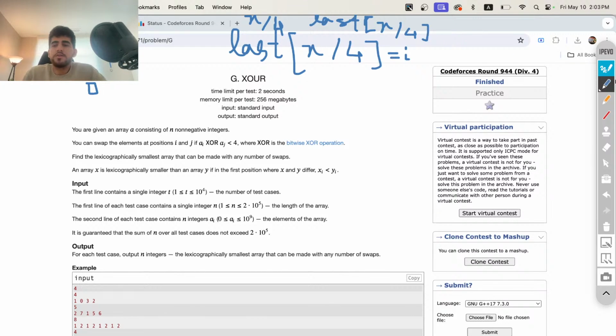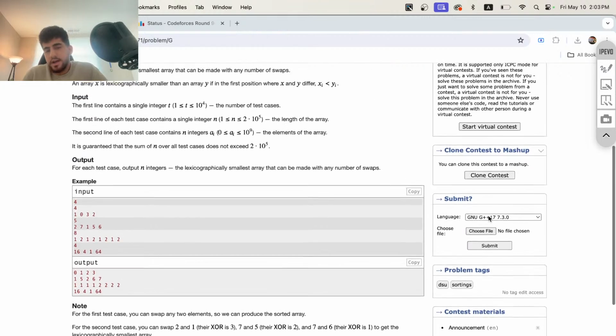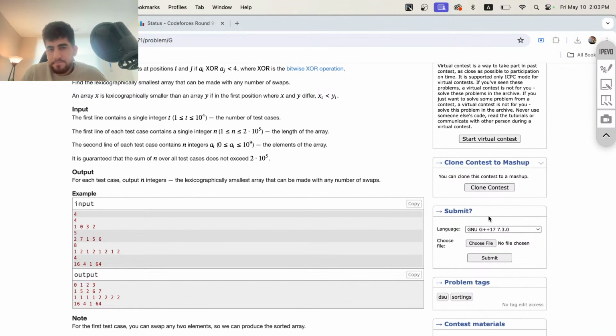So the idea is only this: make these connected components and sort each of them. If you're okay with that, put a plus, otherwise put a minus.